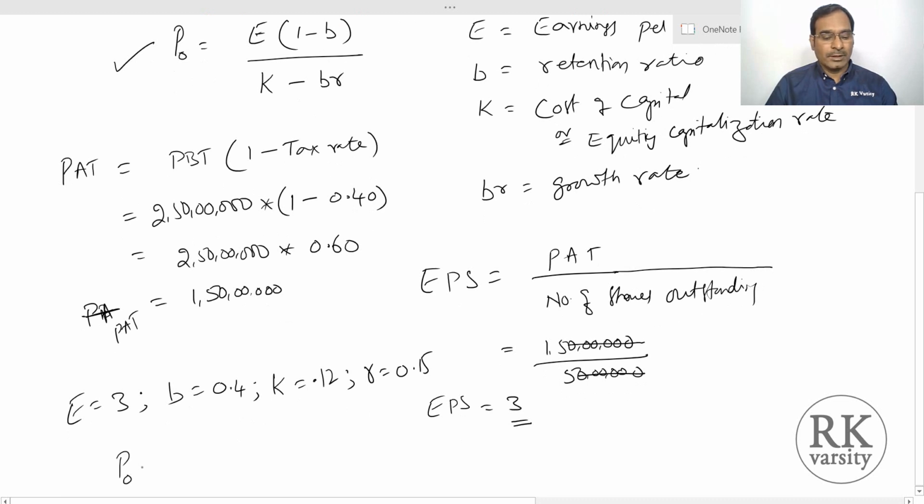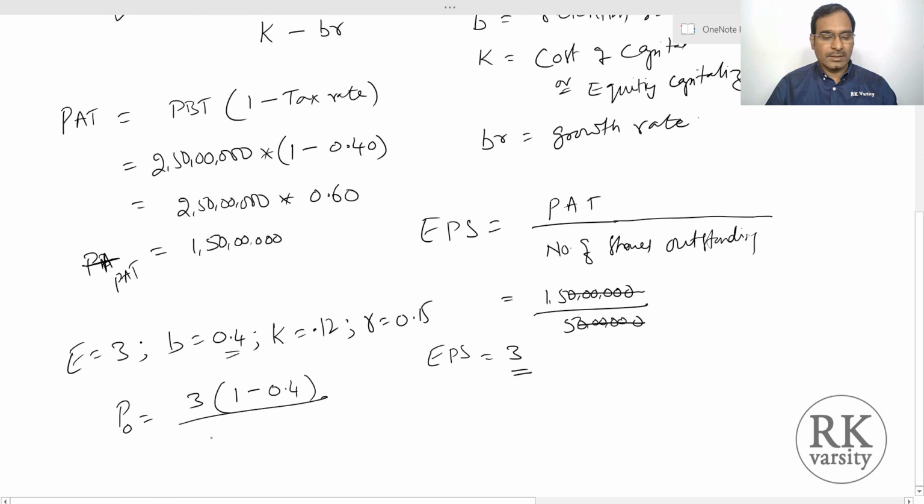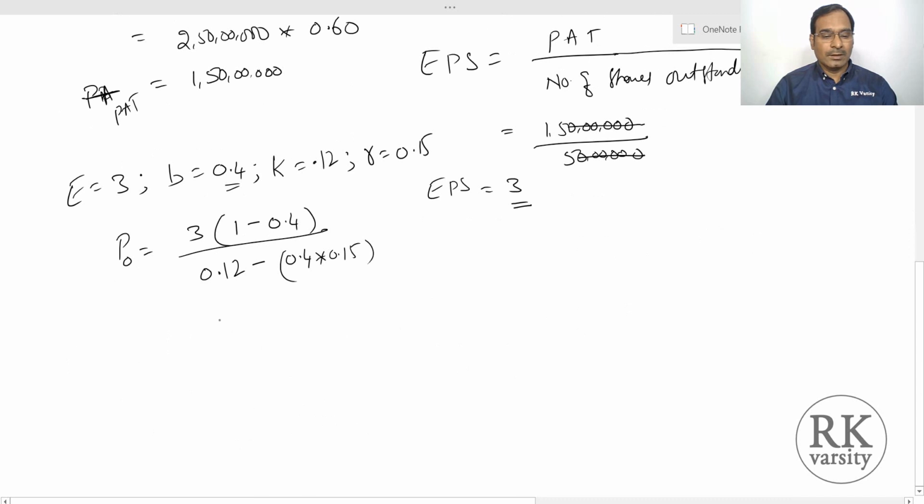So your price equals earnings per share 3 times 1 minus retention ratio 0.4, upon K, cost of equity, 0.12 minus growth rate. Growth rate is 0.4 times 0.15. Now this equals 3 into 0.6 upon 0.12 minus 0.06.